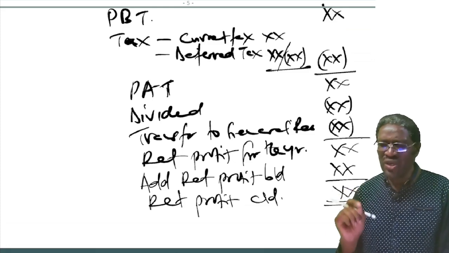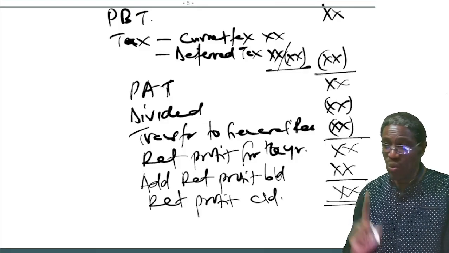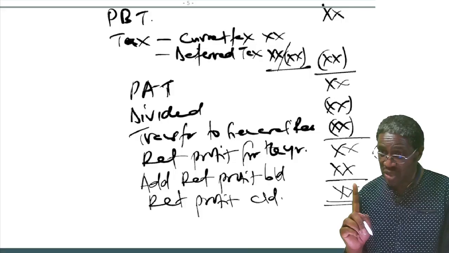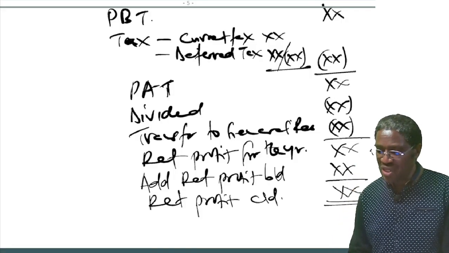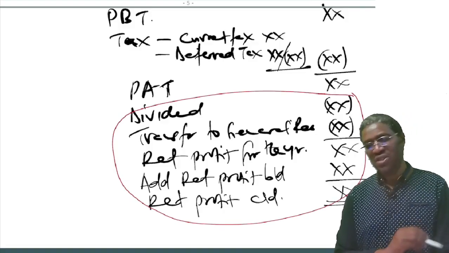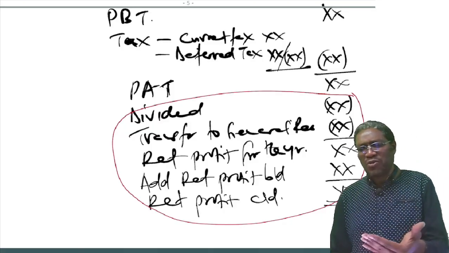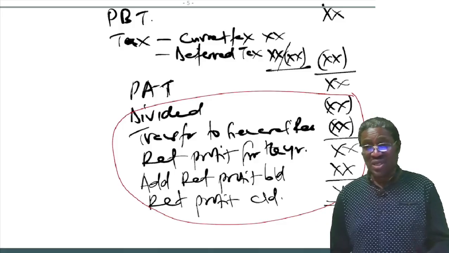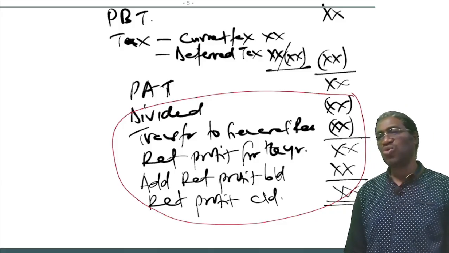But when it comes to income statement for publication, an important key point is here, we do not do the appropriation of this profit in the income statement. In other words, you don't appropriate that profit in the income statement like I've done. Yes, for internal reporting, then you could do it.